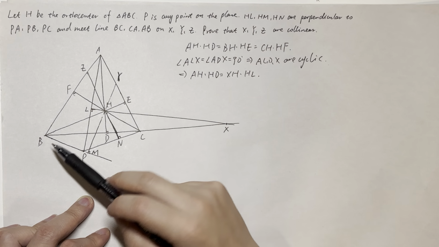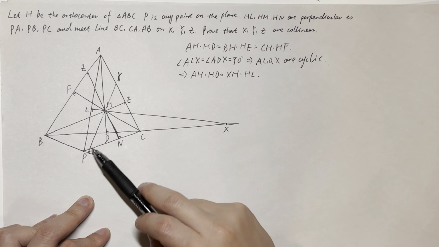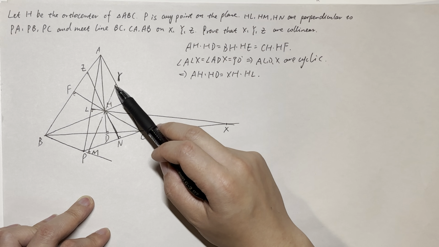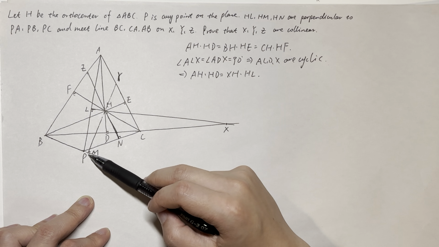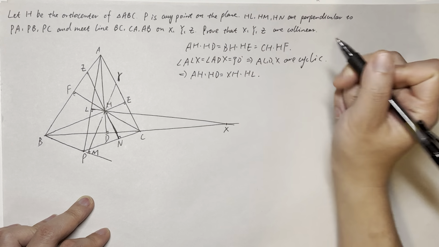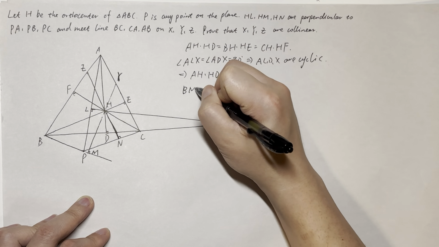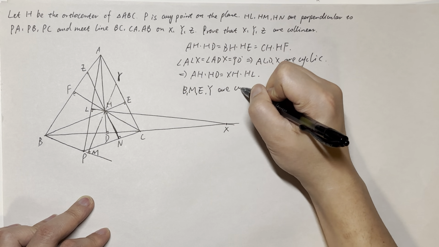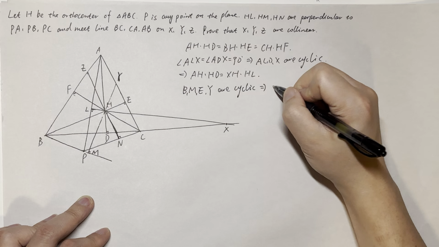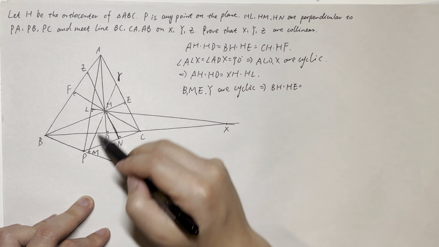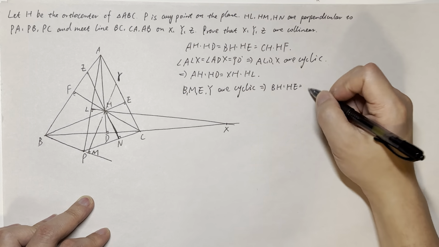Similarly, because angle BMY is 90 degrees and angle BEY is 90 degrees, right? So we know that B, M, E, Y, these four points are cyclic, which means BH times HE equals MH times HY, right?